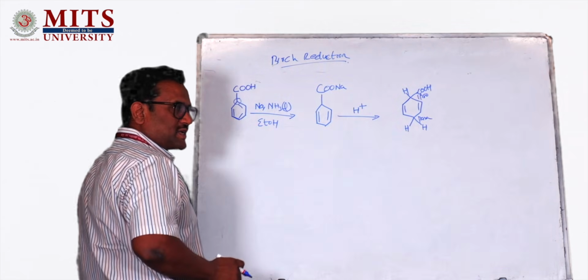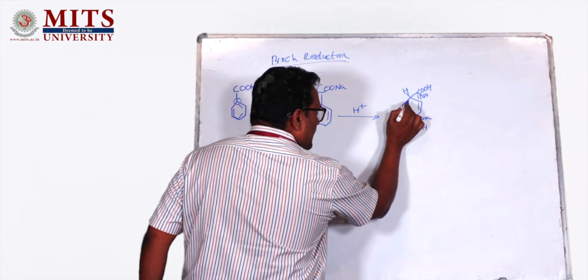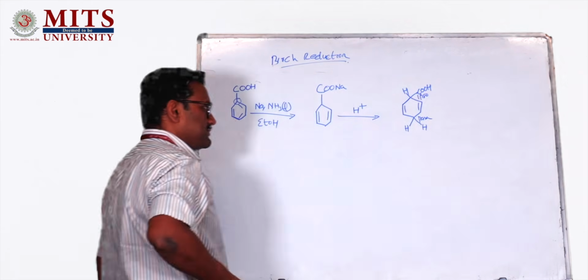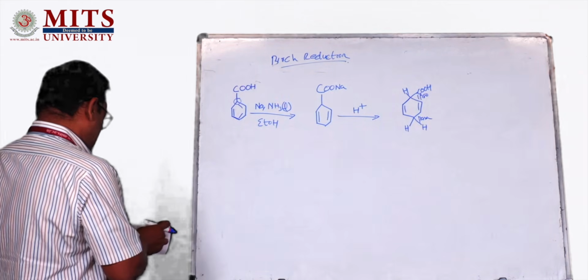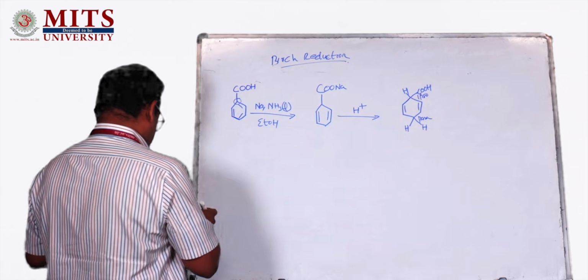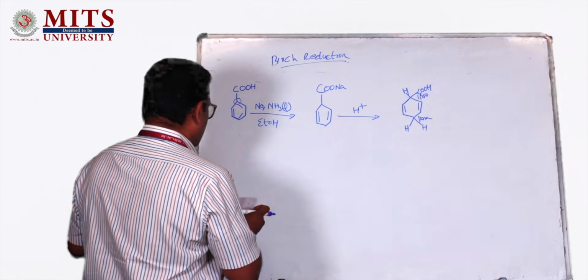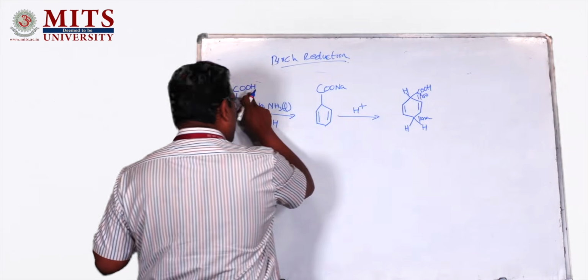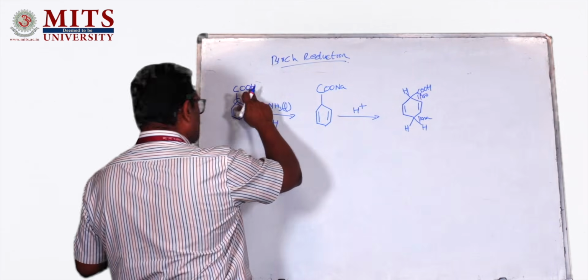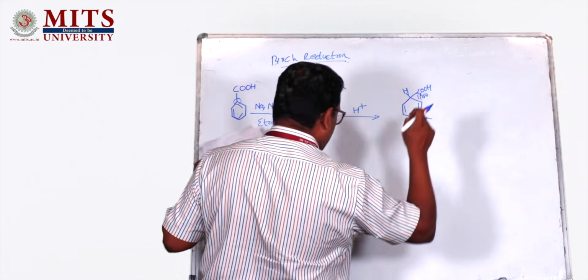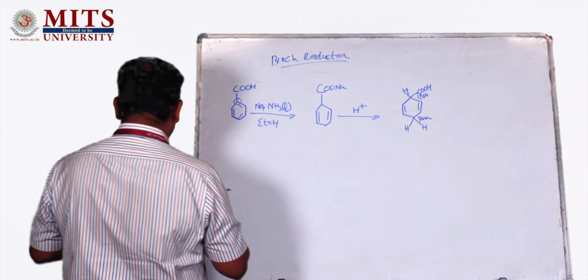The proton abstraction will take place at ipso and para positions. So electron withdrawing substituents promote ipso and para for Birch reduction. What is the mechanism?